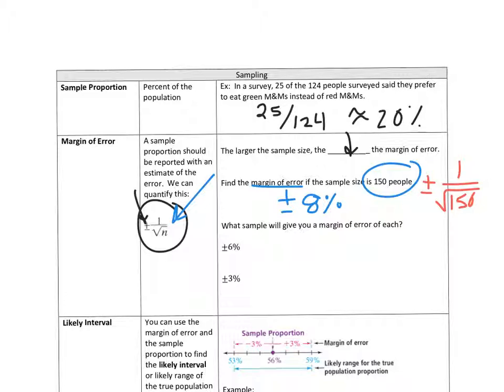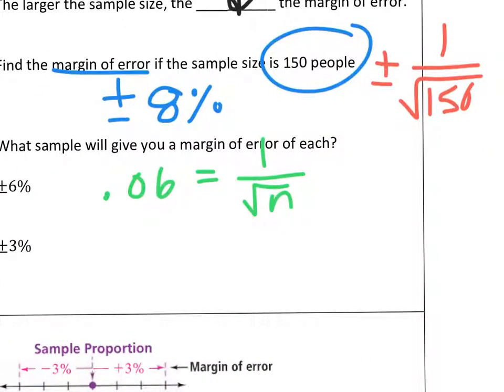Second example, what sample size will give you a margin of error of plus or minus 6%? So what you want to do is 0.06 equals 1 over the square root of n, and solve for n to figure out the sample size. To solve for n, I'm going to multiply both sides by the square root of n, which will cancel out this side, and this side will be the square root of n. So I have 1 equals 0.06 times the square root of n.